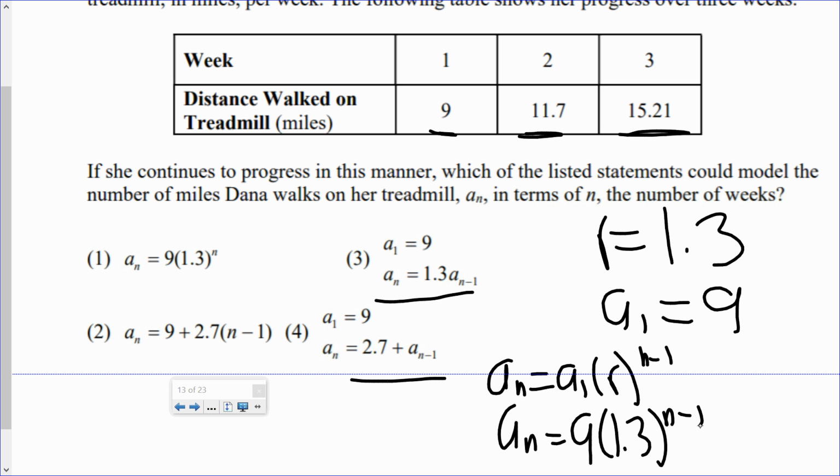I don't see that there. That just has an n, not an n minus 1. That's arithmetic, which is not the case. So now I look at recursive. My pattern is that I'm multiplying by 1.3. Choice 3 is your answer.